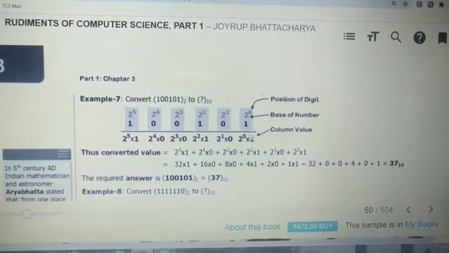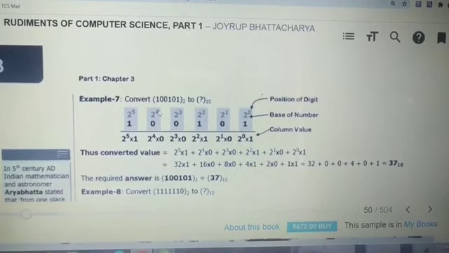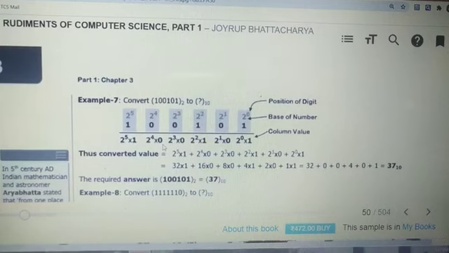The first digit is 1 times 2 to the power 0, plus the next digit 0 times 2 to the power 1, plus 2 to the power 2, plus 2 to the power 3, plus 2 to the power 4, plus the last digit 1 times 2 to the power 5.